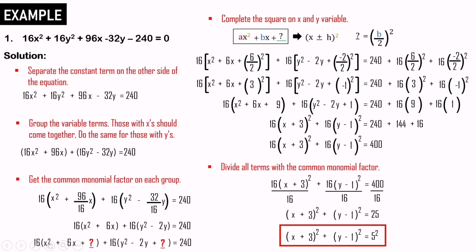Ang standard kay x minus h, no? Therefore, ang h nato value is negative 3. Ang k na value nato kay y minus k. So this is automatically positive 1 ato ang k. So ang center nato kay naa sa negative 3, 1. Ang radius nato kay 5.